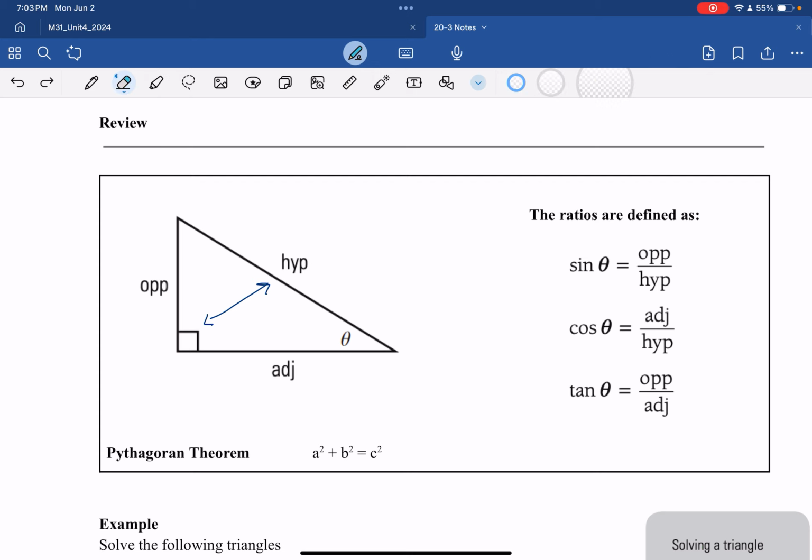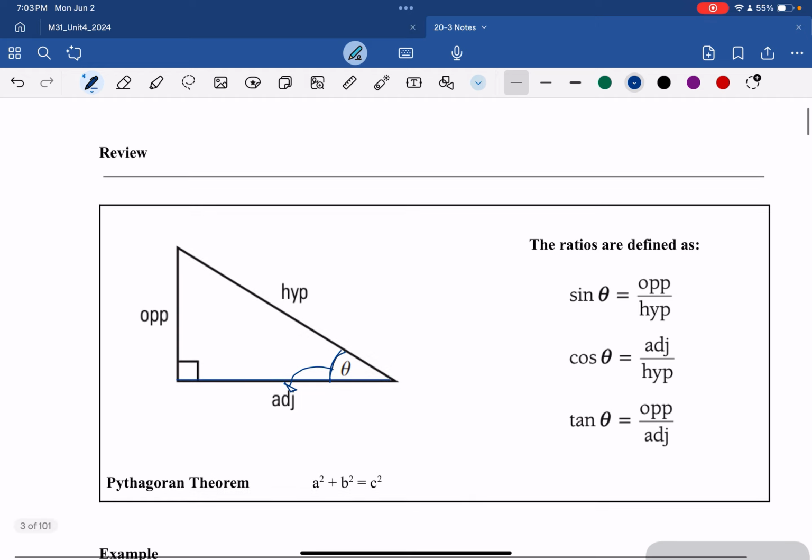The opposite and adjacent sides do change depending on which angle we're looking from. So if I look from this angle here, theta, the adjacent side is the side that is right next to that angle. Okay, so it's going to be touching it. So the side that connects adjacent is going to help form the triangle.